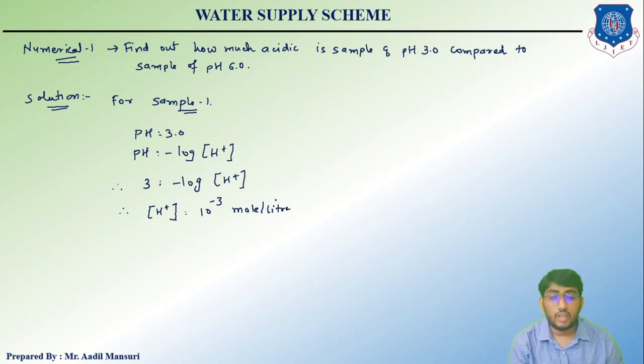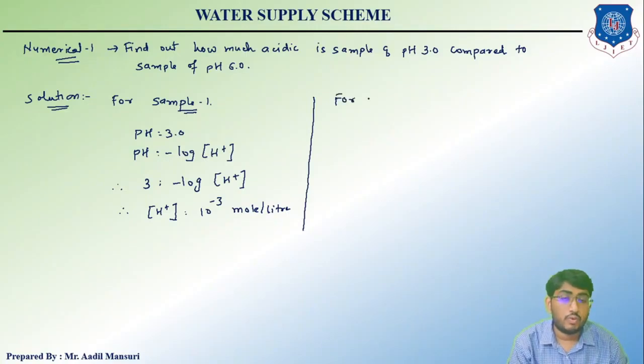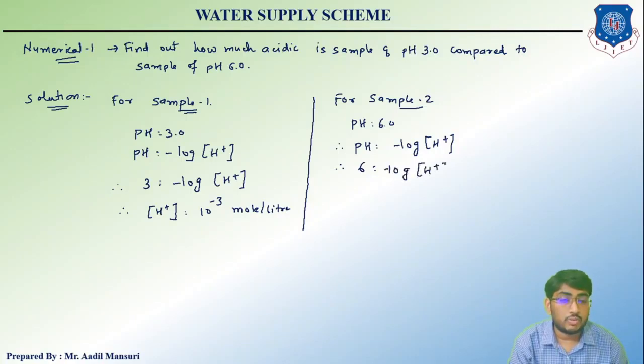Similarly for sample 2, pH is 6.0. Again pH equals negative logarithm of H plus ion concentration, so 6 equals negative logarithm of H plus, and H plus ion concentration equals 10 to the power minus 6 moles per liter.